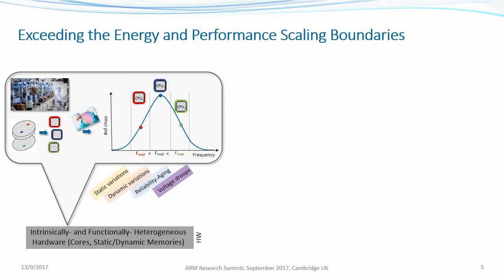Now, the main observation driving the work in UniServer is that hardware is intrinsically heterogeneous. And by hardware, I mean memories, processors, caches, DRAMs, and so on. There are many reasons for that. There is manufacturing variability. No 2 chips are the same.